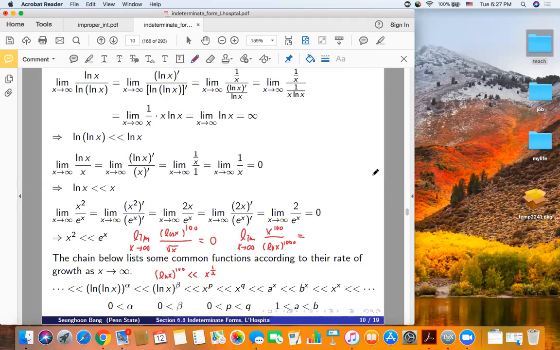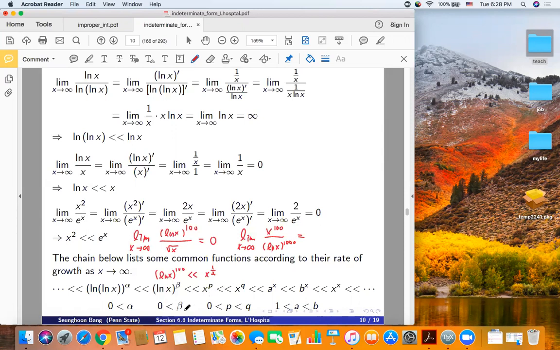What is the answer? Infinity. Is that right? Yes, you can use the table. Thank you for your answer.